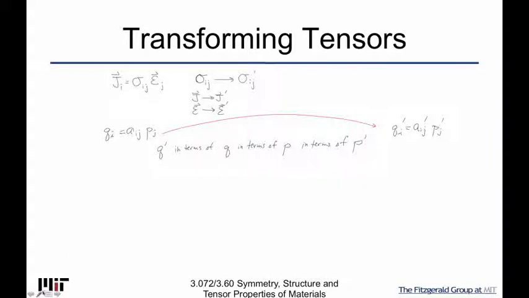So let's write these expressions. We already have all the tools that we need. We've already done all of them. So qi prime is equal to c im qm. So let's see what I did here. C im, and we're starting with the left side, this one is new in terms of old.